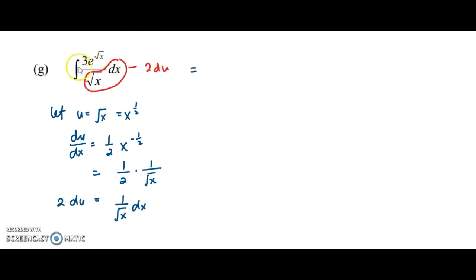The 3 here we can just factor out because the 3 is a coefficient. Then you have e^u, and this 1 over square root of x dx will be replaced by 2 du. The 2 I will bring out. This is multiply. Alright, and finally we have a 6.